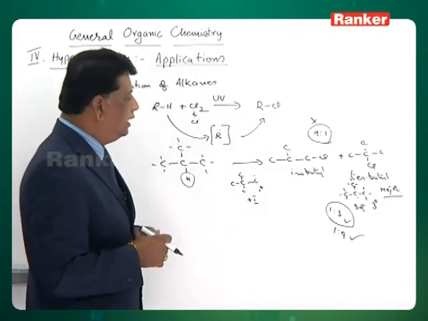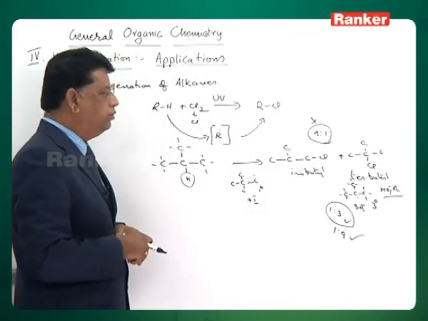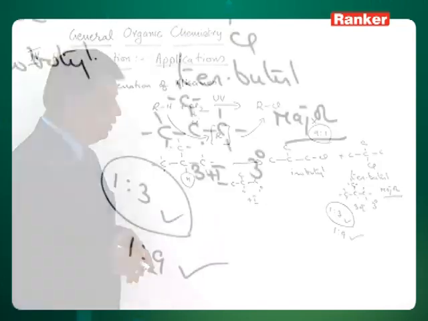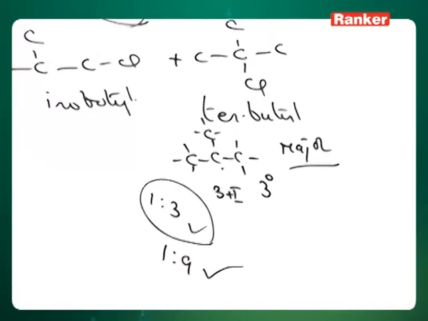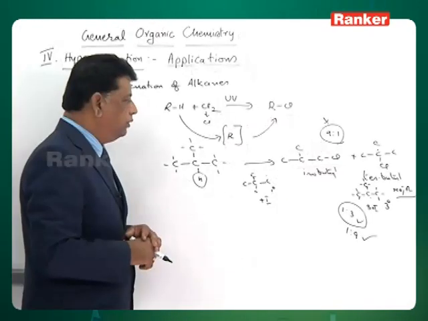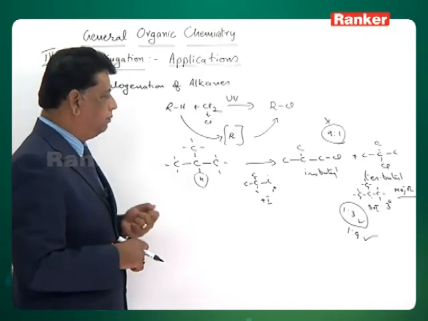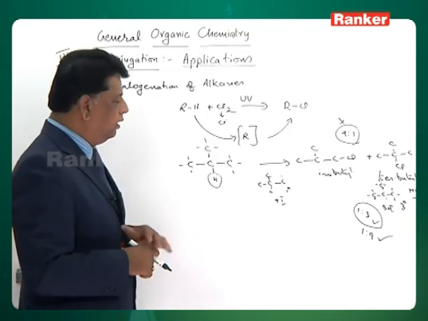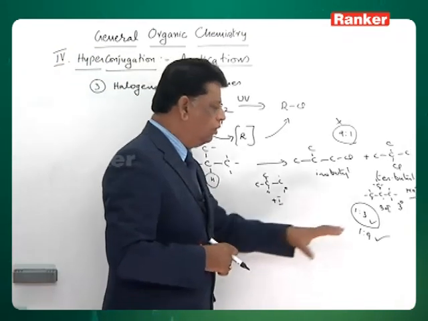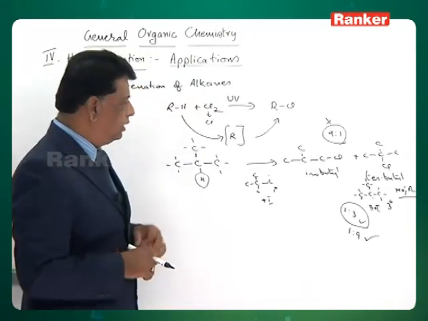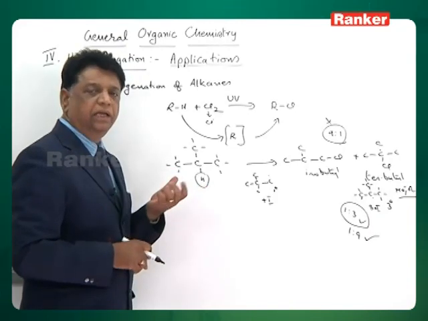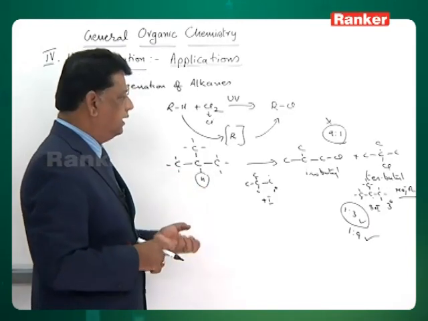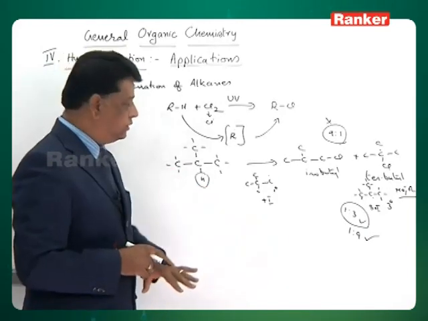We guess it, and many times the ratio coincides with the hyperconjugable hydrogens. The expected product, especially not in chlorination but in bromination, more or less coincides with the expected ratio, because bromination is more deciding, reacts slowly, and the most stable will be chosen.